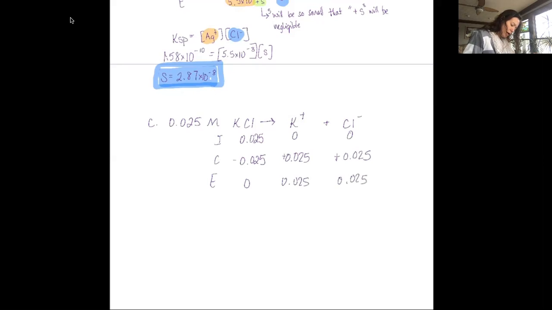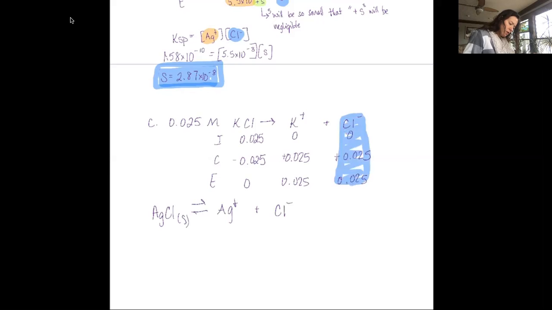Okay, we are calculating the molar solubility of silver chloride with the presence of a common ion. The common ion this time is the chloride.